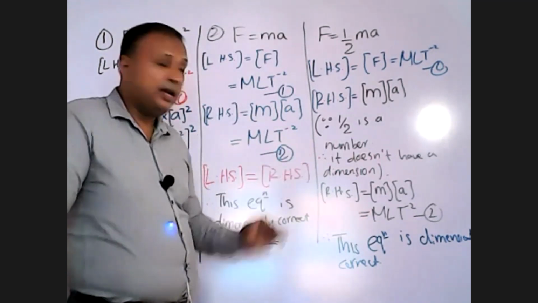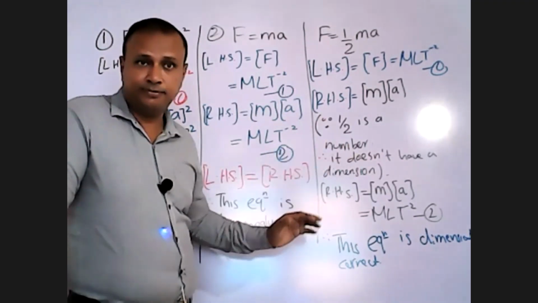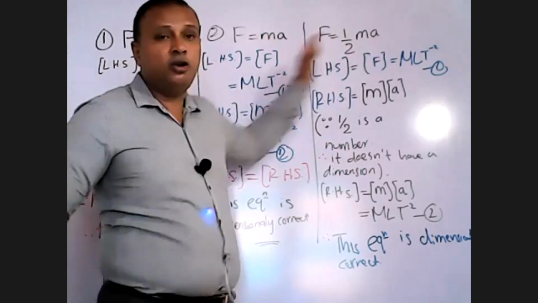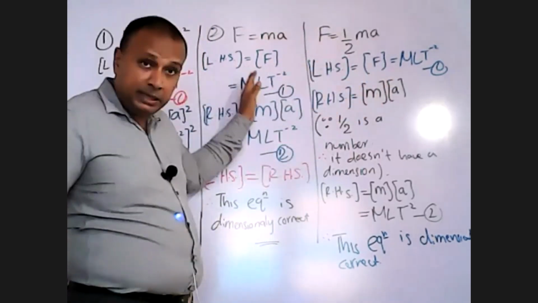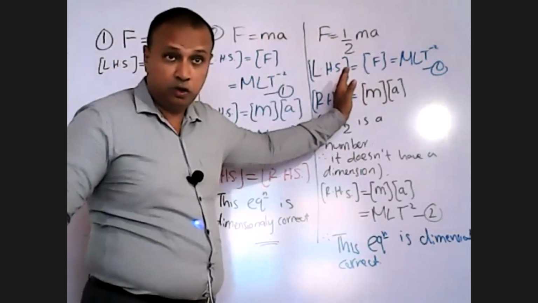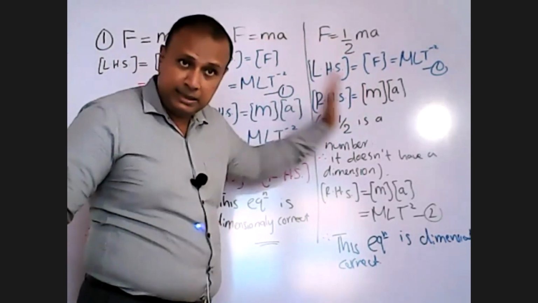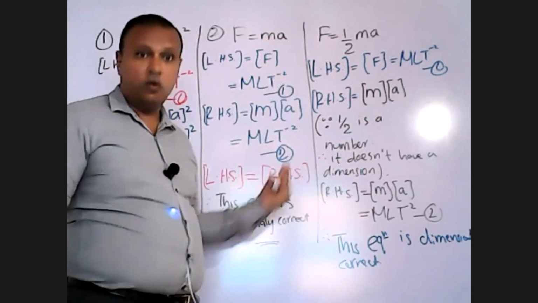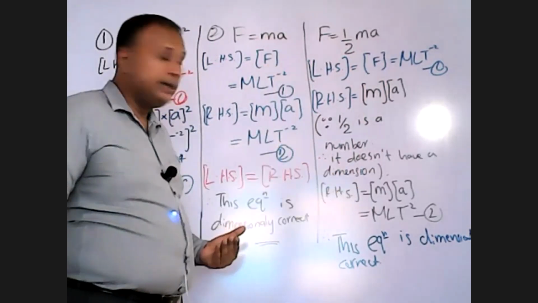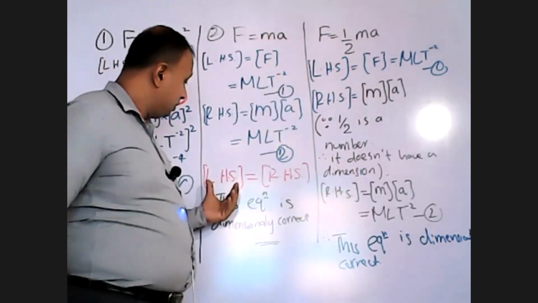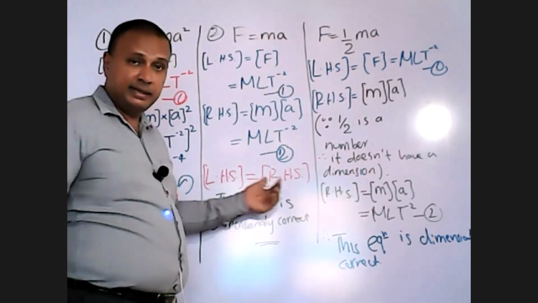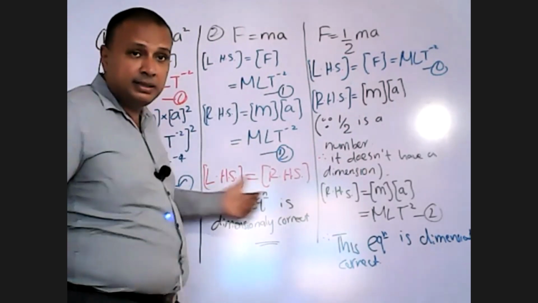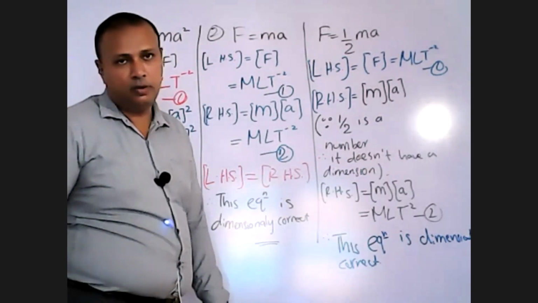That is the thing I wanted to explain. That's why I took two different equations. This is the correct equation and this is the incorrect equation. We know this is incorrect. But in both cases, the dimension of LHS and dimension of RHS are equal.